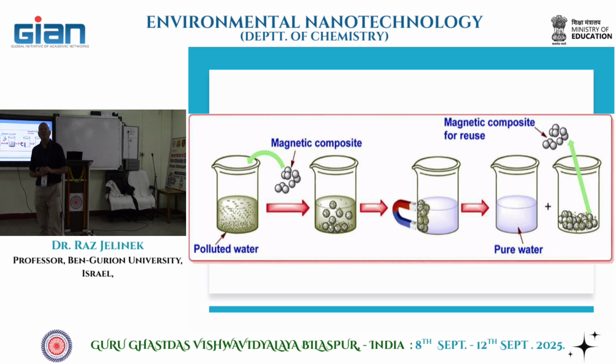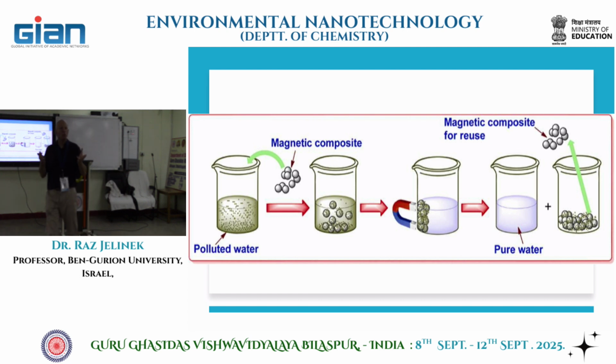Let's talk about magnetic nanoparticles. How do you think we can make magnetic nanoparticles? What elements can we use for magnetic nanoparticles? Iron, manganese, all the metals that form magnets. Indeed, we can take iron and make small nanoparticles of iron, and then these nanoparticles will be magnetic.